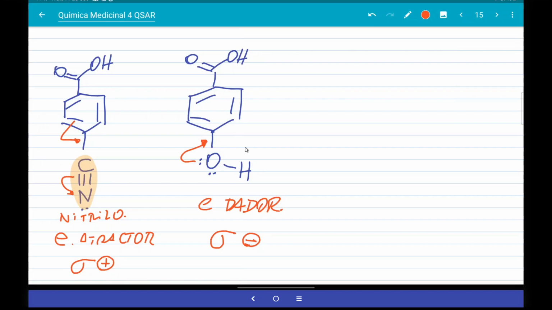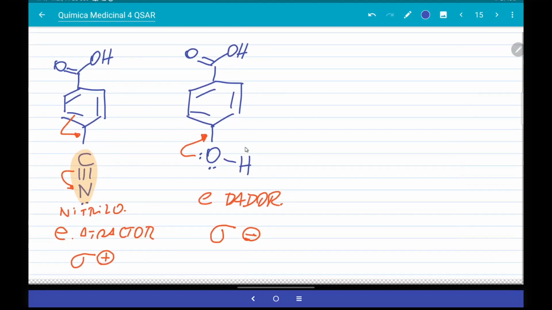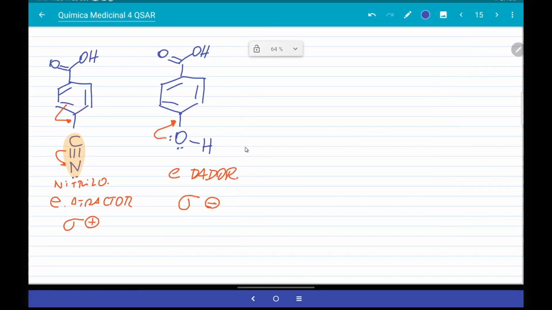Which of the two systems has a greater acidity constant? Or in other words, because you are more familiar with this concept that is studied a lot in introductory general chemistry courses, which is more acidic, the first or the second? The first is more acidic.